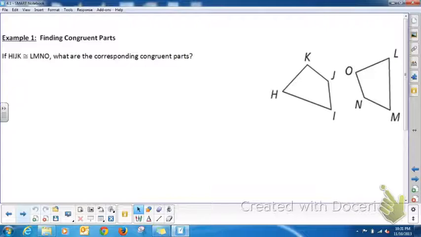So if I look at just the way the letters are ordered, I can name the corresponding congruent angles and the corresponding congruent sides. Angle H would be congruent to angle L. Next, I would have angle I is congruent to angle M because I and M come second.